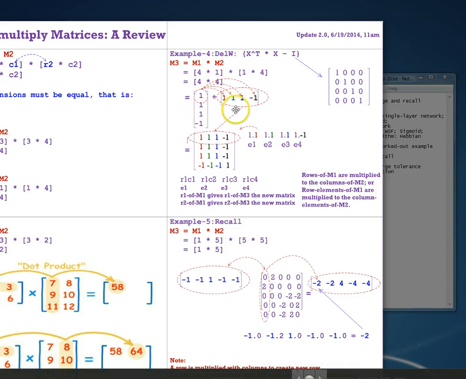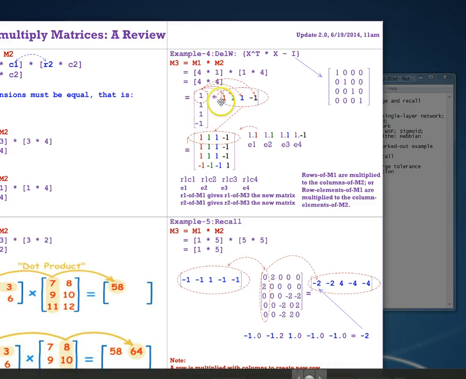Let us say you have a binary input, say x equal to 1 1 1 minus 1. The transpose of a row vector is obviously a column vector: 1, 1, 1, minus 1. If you multiply x transpose times x, the first row into all the columns gives you the first row, then the second row, then the third row.